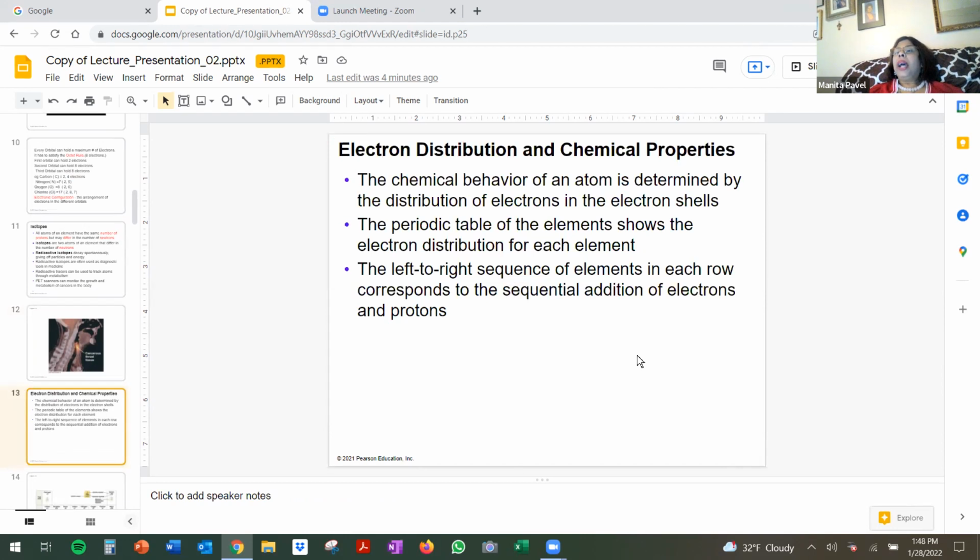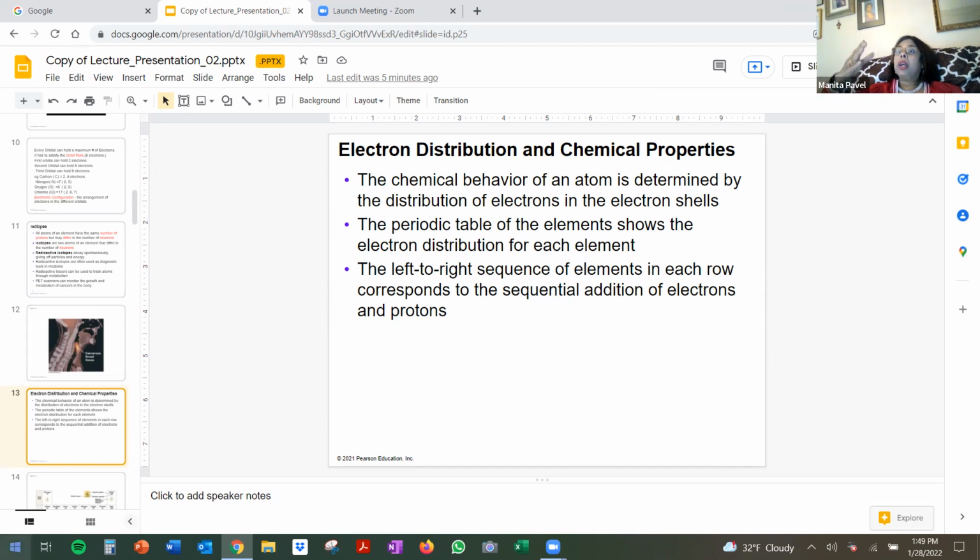So let's go now to seeing, we're keeping on talking of atoms and their behavior. The chemical behavior of the atom we've seen is dependent on the distribution of the electrons in the various shells. If you go in the periodic table from left to right, the sequence of the elements in each row corresponds to the addition of electrons and protons.